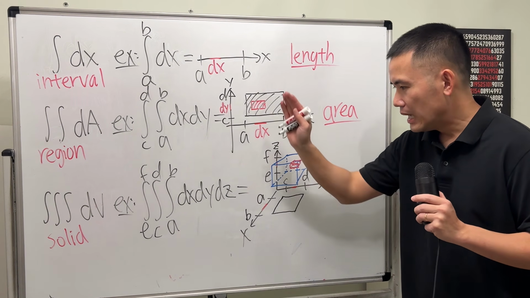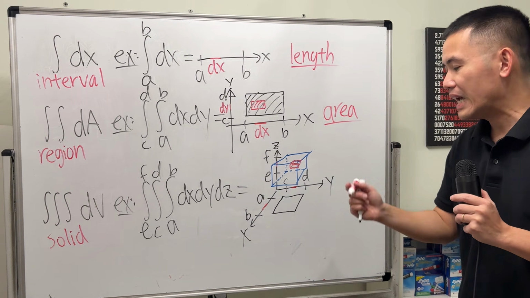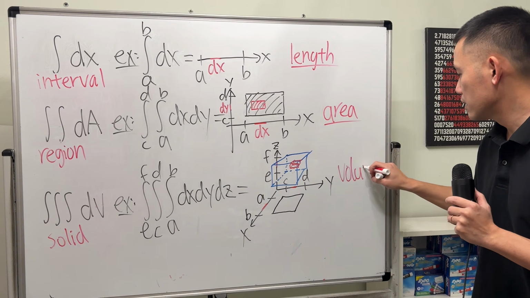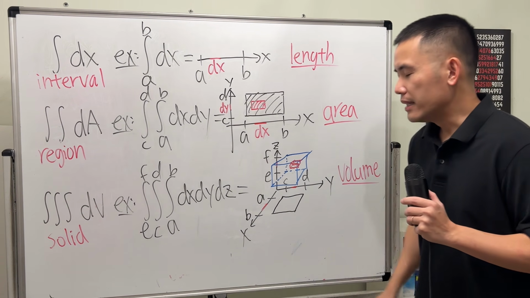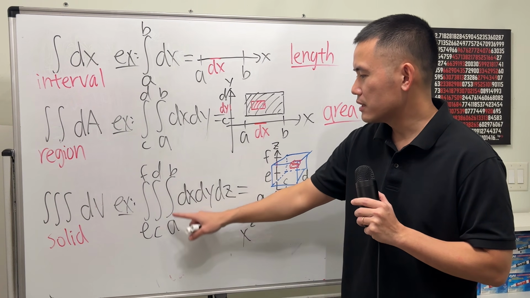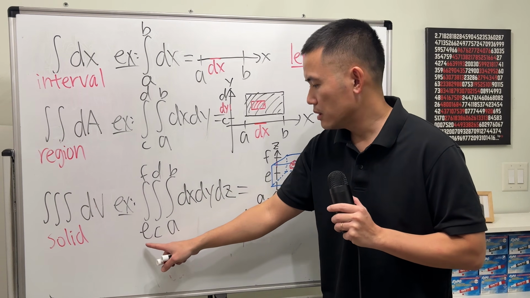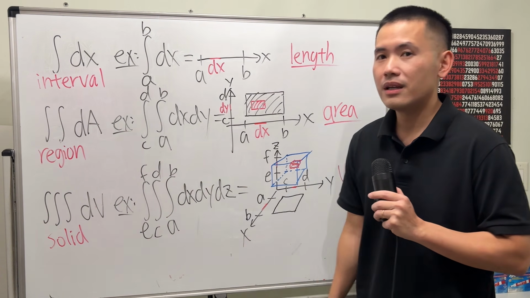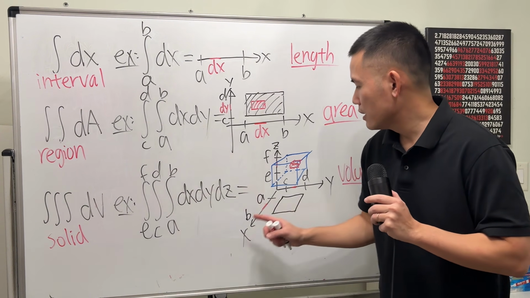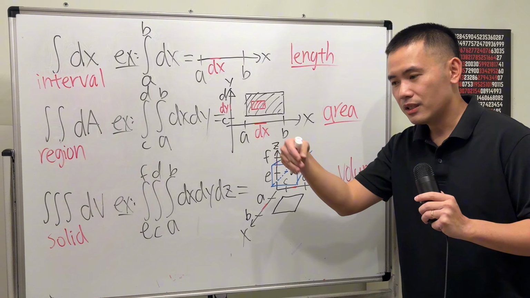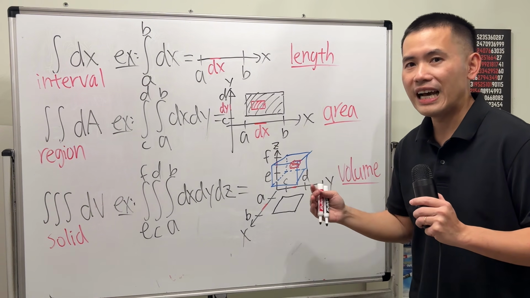The key is, after you finish this integral, you will get a volume. And again, sometimes you may see some functions here, here, here, here, and then on the very outside, it must always be number, number. If you have functions, that means you just have different shapes, different curves, different surfaces on the side, etc.